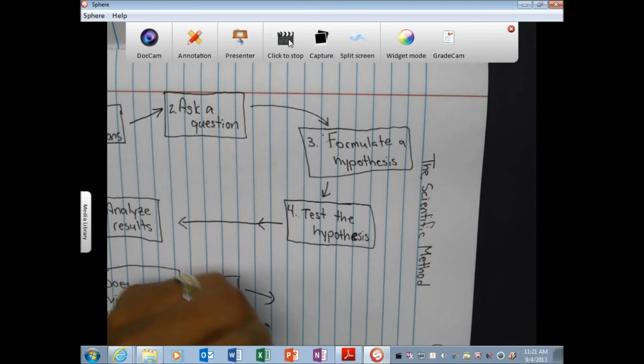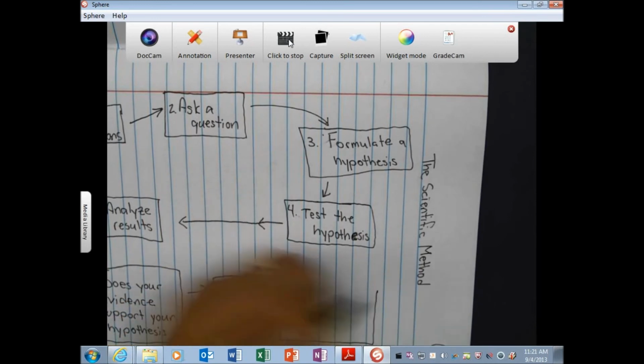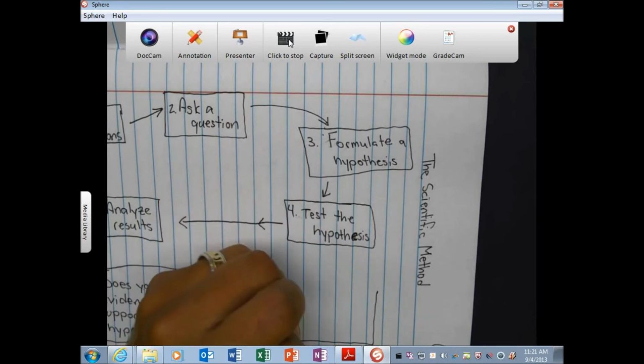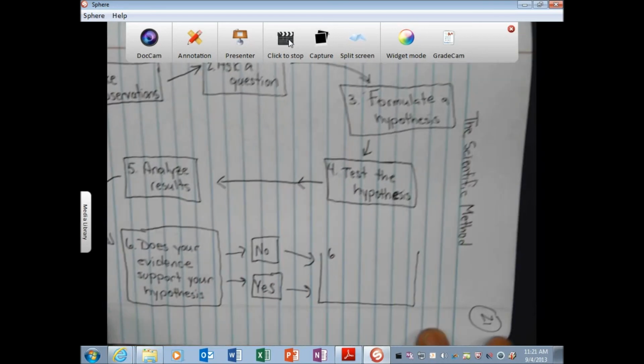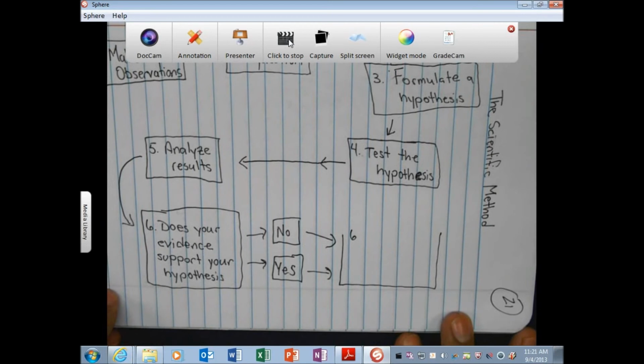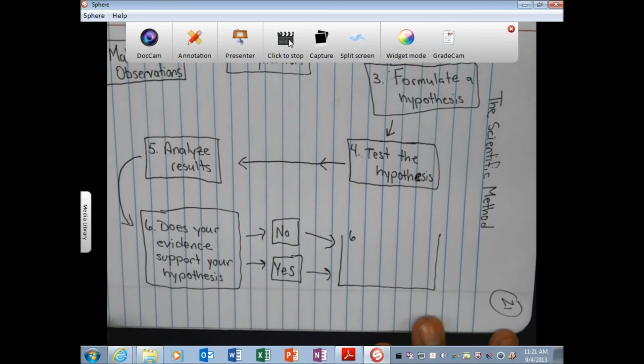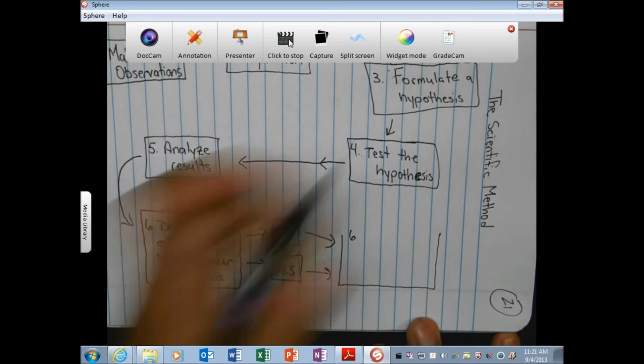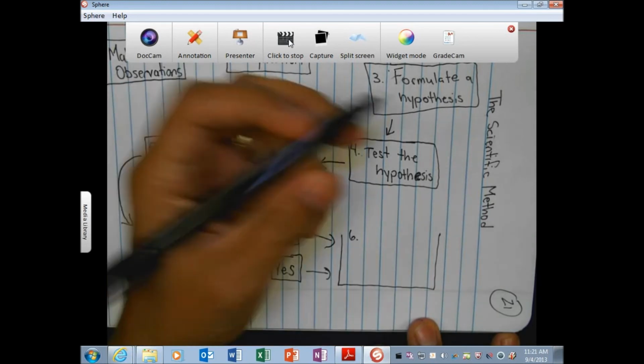If it's a no, I may have some other alternatives. Sorry, I was kind of getting off track there, but these are the steps you should be following and writing in your notebook.